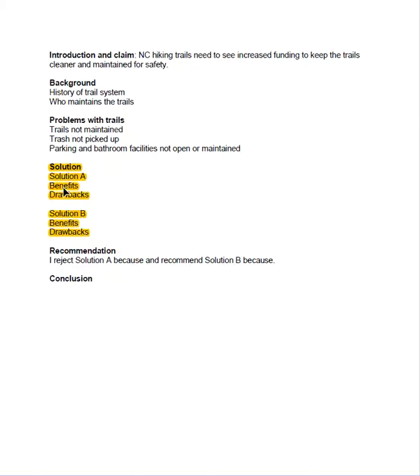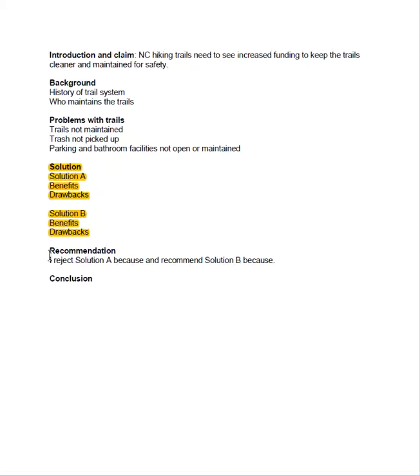So I will talk about the benefits of solution A and the drawbacks of solution A. When I move on to explaining solution B, I will also need to do the benefits and drawbacks because I need to compare both my solutions on the basis of the same features, okay?